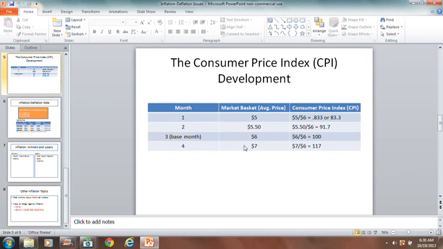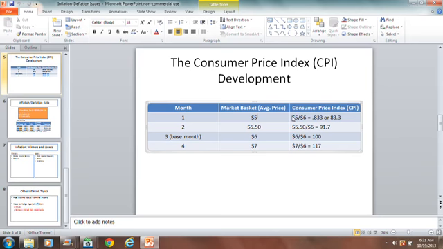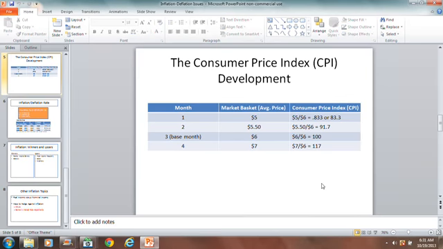Now in this example, I'm going to choose month 3 as my base month, so all of my interpretations of price movements will be with respect to month 3, which is my base. To calculate the CPI, in a similar manner to how you calculate the GDP deflator, you take the average sample price for each month and divide it by the base month average sample price.